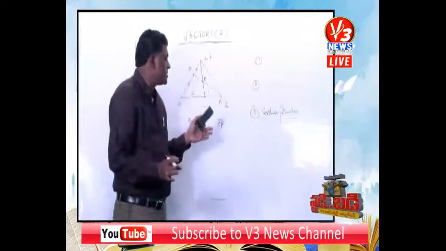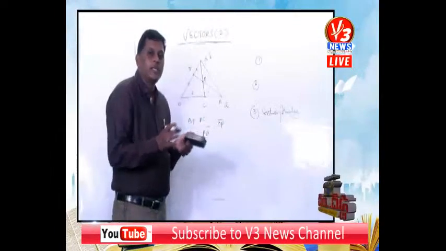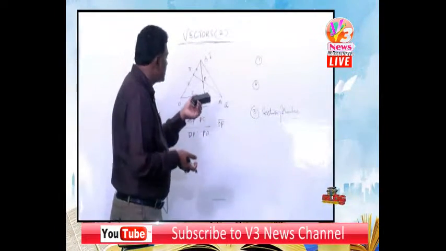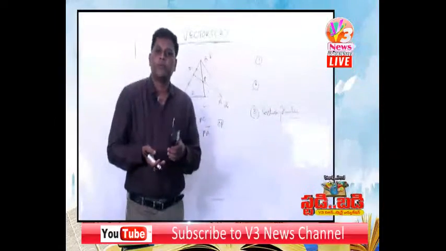Just one simple result here, (mB bar plus nA bar) by (m plus n), internal or external with minus signs. Applying this, these types of problems can be solved very comfortably.